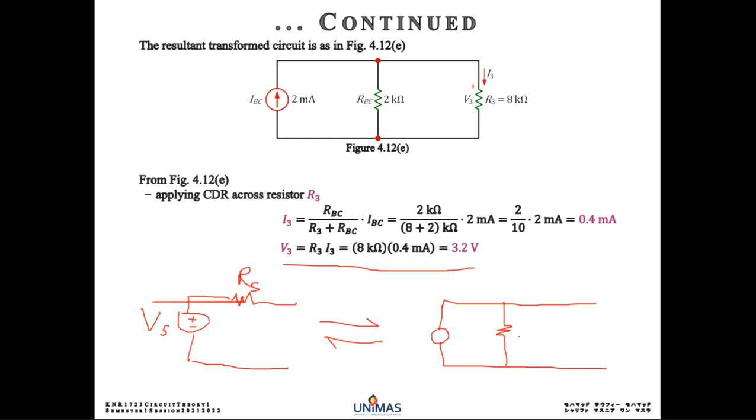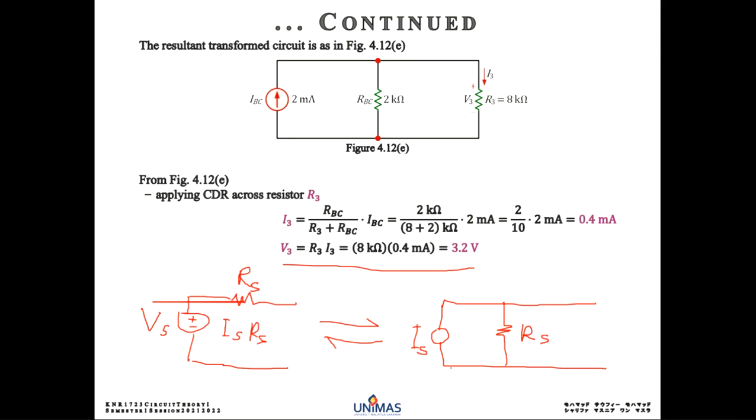It's just straightforward. So the Rs is the same value for the current and the voltage source, and the voltage source comes from Vs using the basic Ohm's law, Vs equals Is Rs. V is equal to IR. Okay, itu saja.